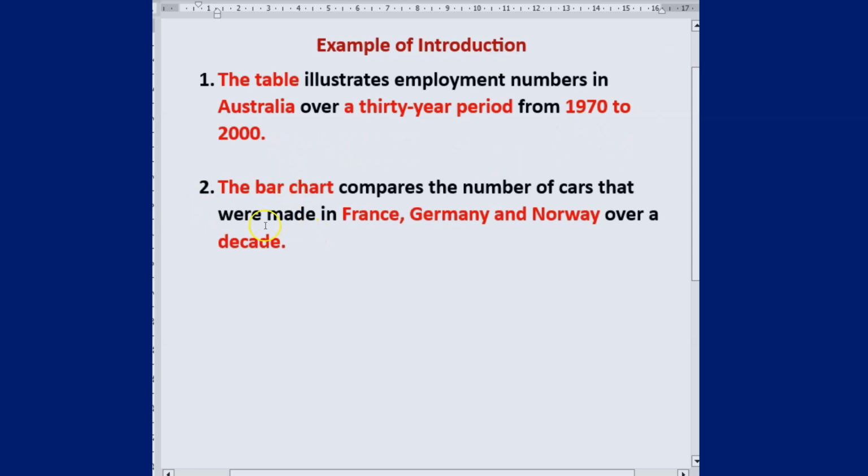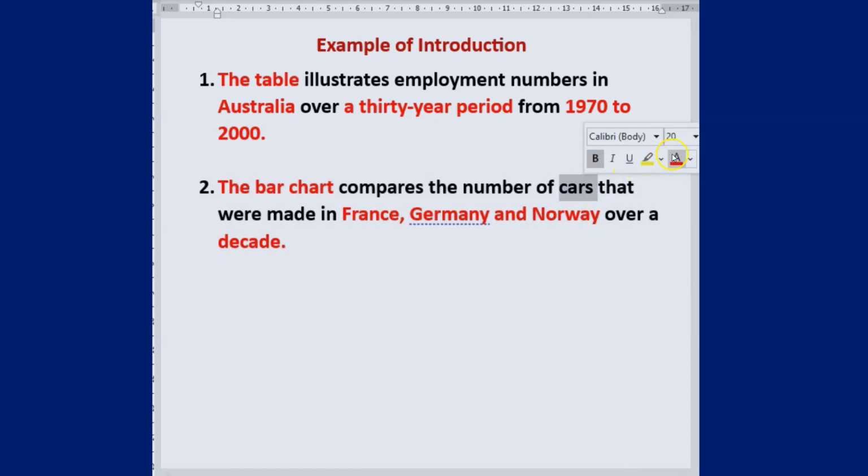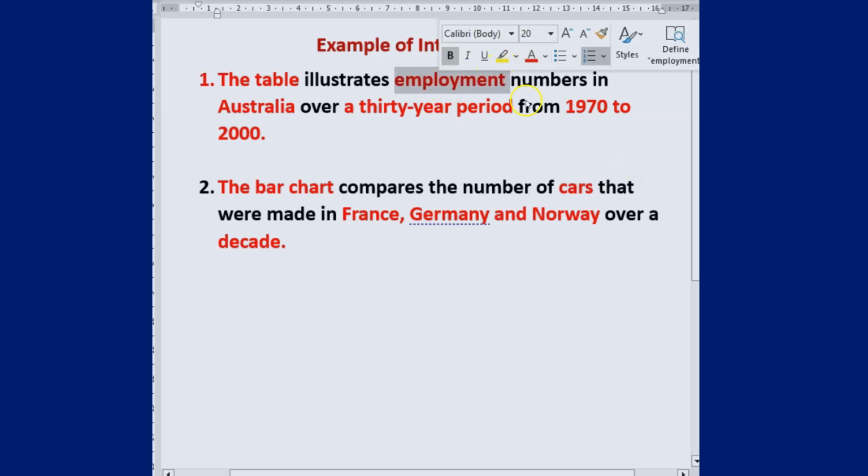Same thing applies to the bar chart, which compares the number of cars that were made, and where we are dealing with is France, Germany, and Norway, and the time period, which is a decade, right? Can you even see what we are dealing with here with the cars, right? This one too shows employment.